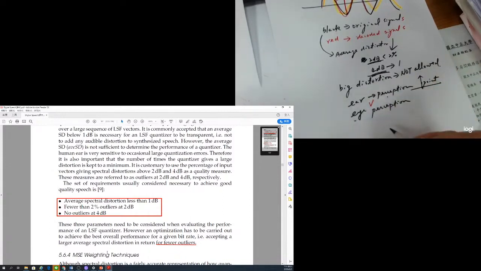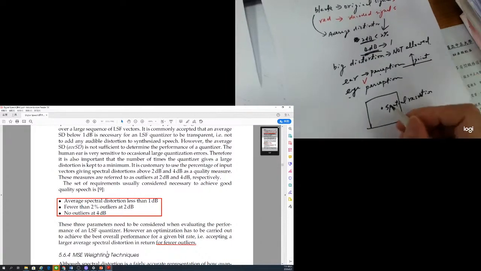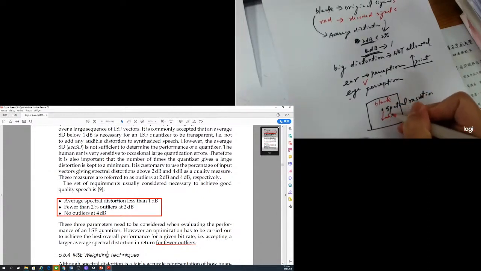But with eye perception, one noise point may not be easy for you to catch. It has to be a big distortion, a big difference, and that depends on spatial resolution. Sometimes you cannot catch that point because the background is black and there is only one white point, and the spatial resolution is too small.